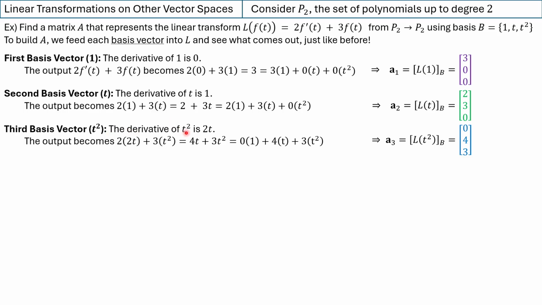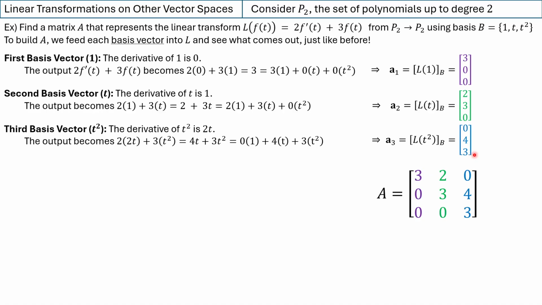Well, the derivative of t squared is 2t, so the output becomes 2 times the derivative 2t plus 3 times the original function t squared, so that's 4t plus 3t squared. Writing this in the new basis notation is 0 1's plus 4t's plus 3 t squareds, so our third column is going to be 0, 4, 3.